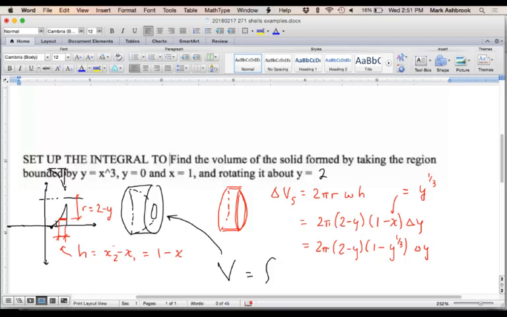Initial x is the x coordinate of the curve, which we have to solve for because we're doing delta y. So x is y to the 1/3. So we get 2 pi, 2 minus y, 1 minus y to the 1/3, dy. And that's y goes from, so to get the limits of integration, you go to the original region. y goes from 0 to 1.